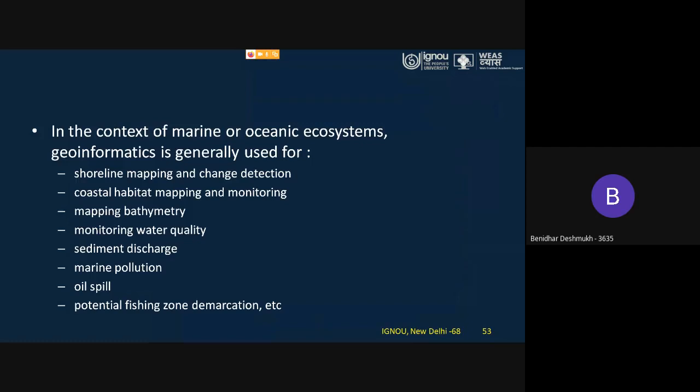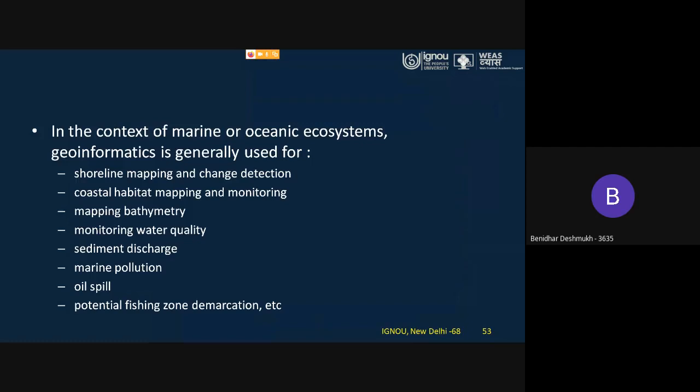But when we talk about ecosystems in particular, then again some things will be common. But the quality of water, the sediment discharge, and marine pollution, oil spill, etc., will be of much interest to the ecologists. You also note that it is covered in your study material that potential fishing zone is one example given.